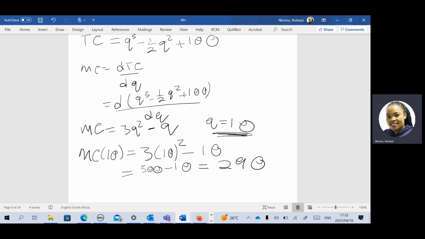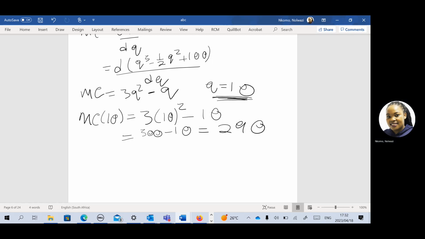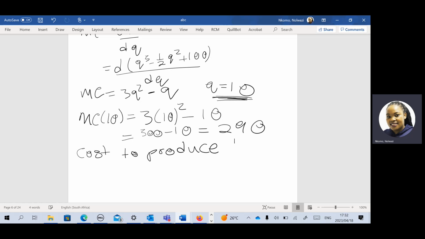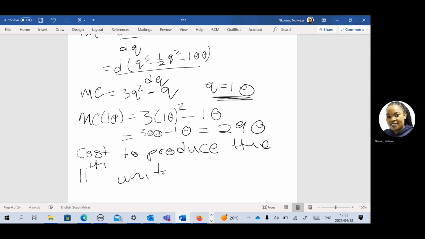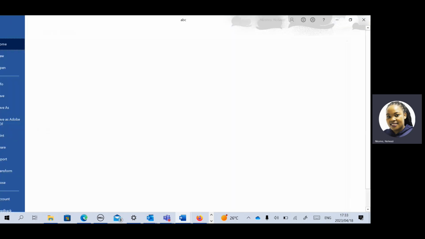So this means the cost to produce the 11th unit is 290 rand. It simply means this.